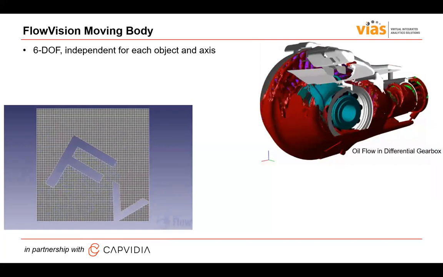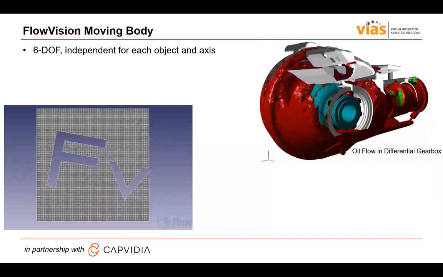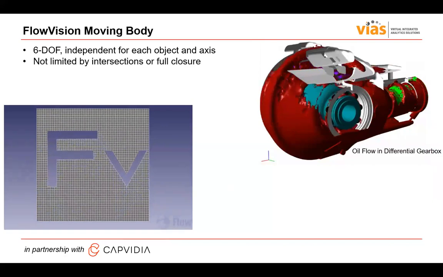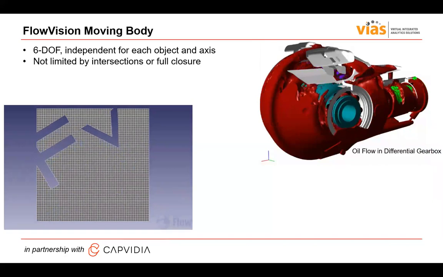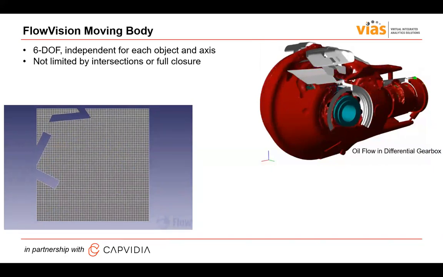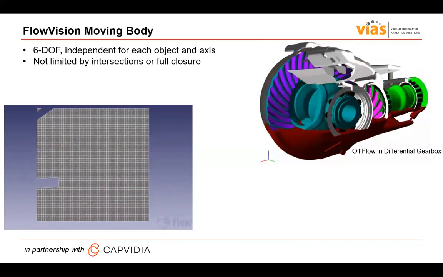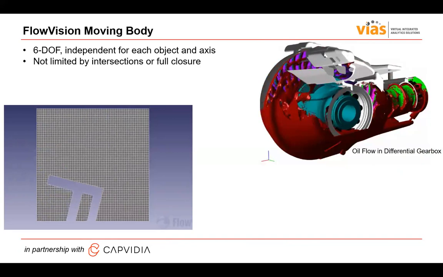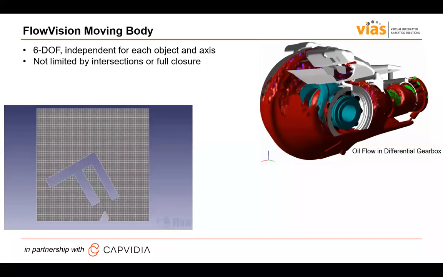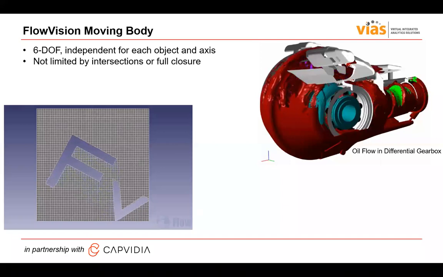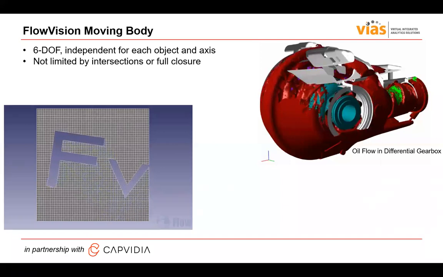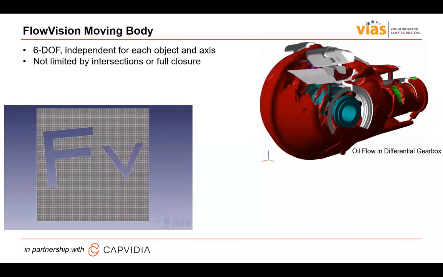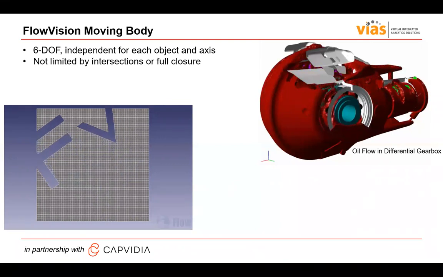I will be explaining in a minute how to define those movements. A very important remark here is that the movements in FlowVision are not limited by intersections of bodies or even full closure situations, like when two bodies come into full contact and separate the flow field into 2 or more pieces. This is a straightforward application in FlowVision.